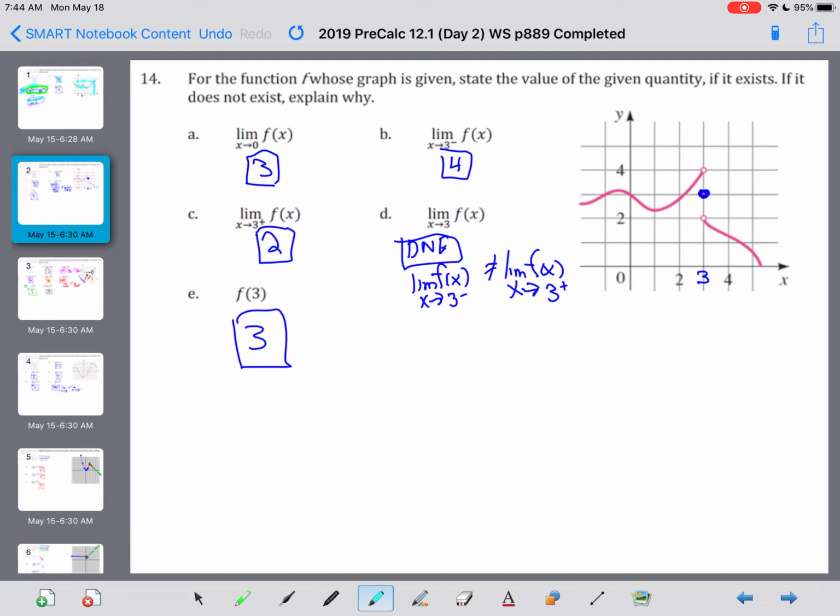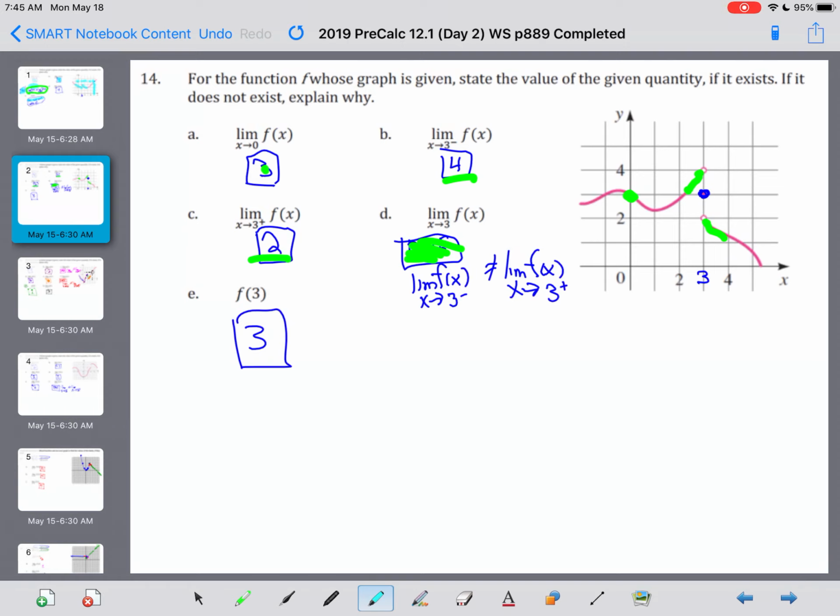Okay, similarly here, as I approach 0, when I'm at 0, my function is 3. If I go ahead and approach 3 from the left, I'm at 4. If I approach 3 from the right, I'm at 2. Since there's a jump there, I have to say that it does not exist.